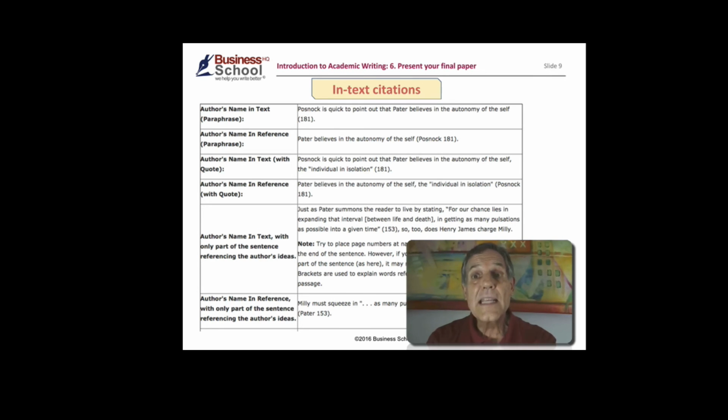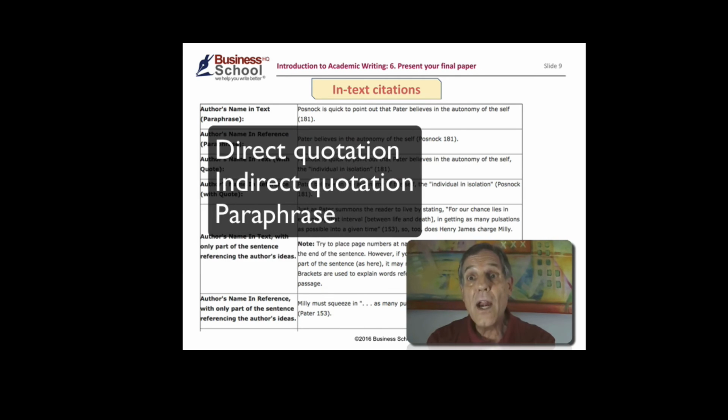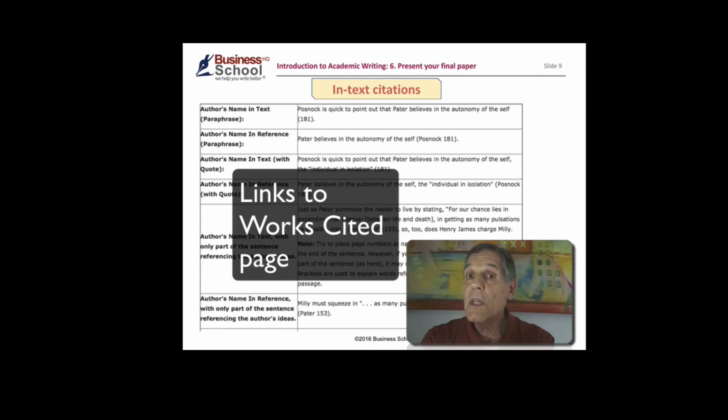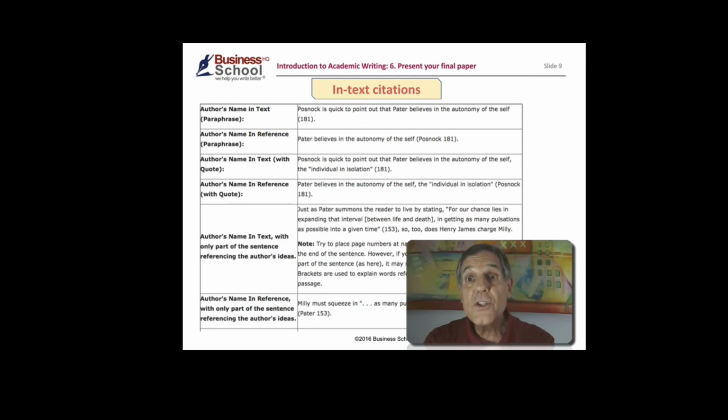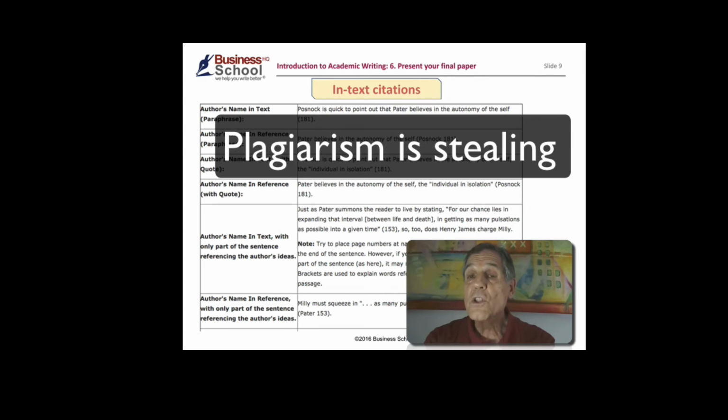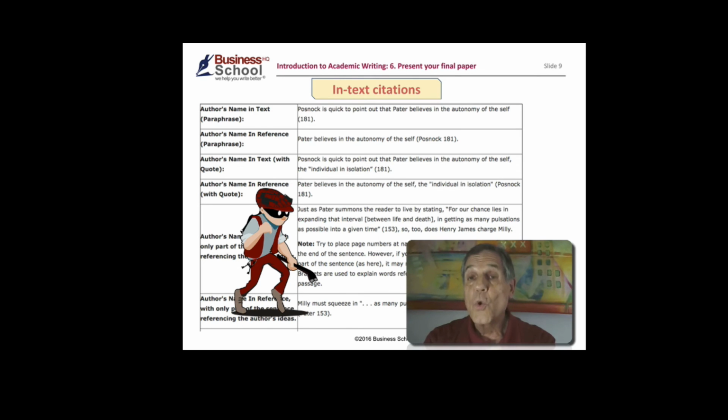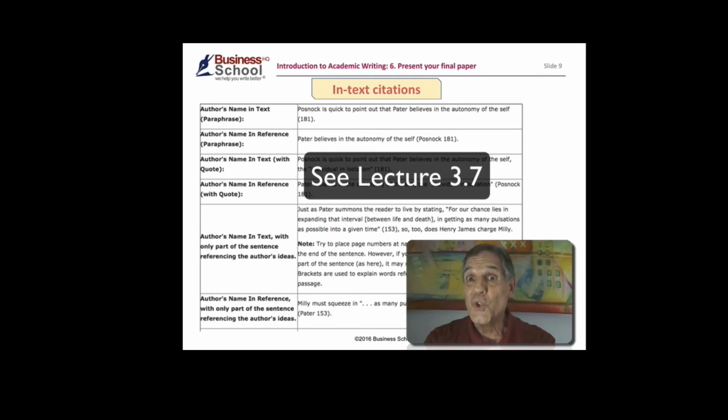Well, an in-text citation refers to the ideas or words you use, whether as a direct quotation, an indirect quotation, or a paraphrase from the sources appearing on your Works Cited page. Get into the practice of using in-text citations properly because they can protect you from plagiarism. We talked about how to use correctly the ideas of others in lecture 3.7. Don't plagiarize. Cheating can get you into hot water.